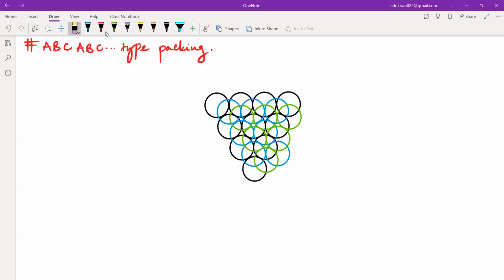Okay, I think this much will be fine. Let me take an atom from here. Okay, let me take this black atom. And let me make it here.